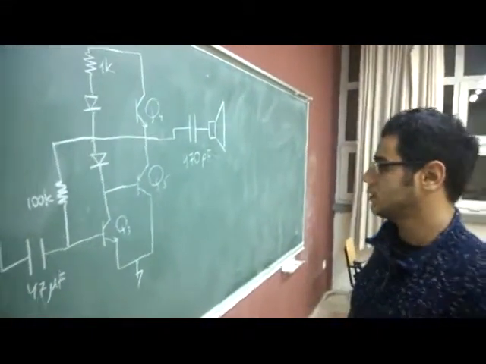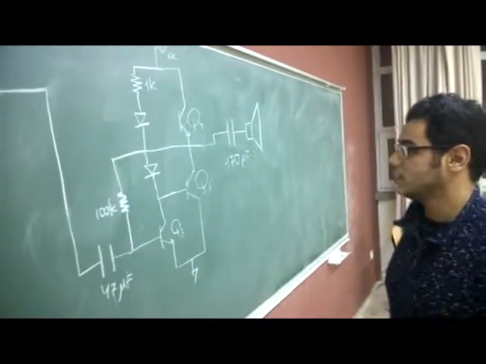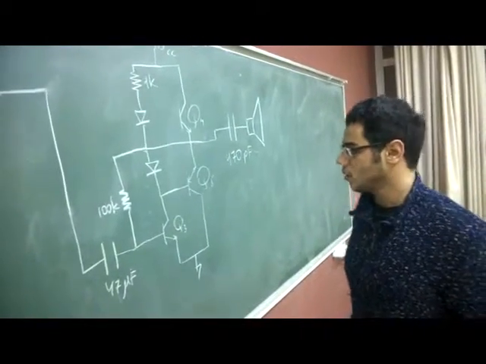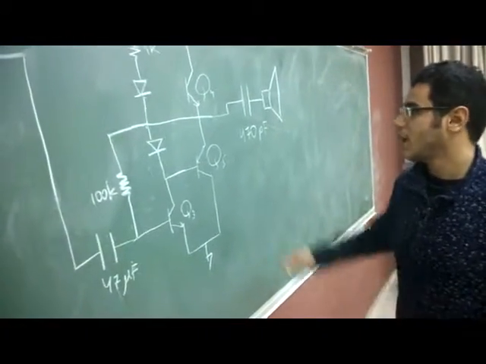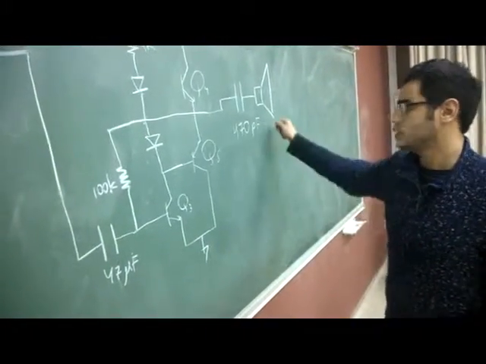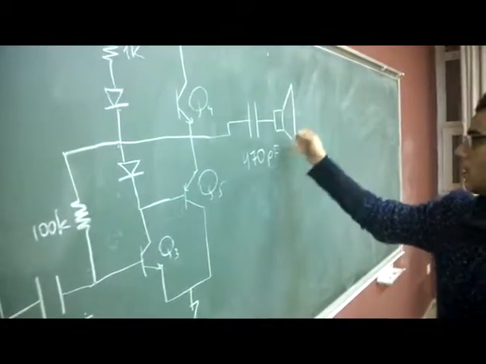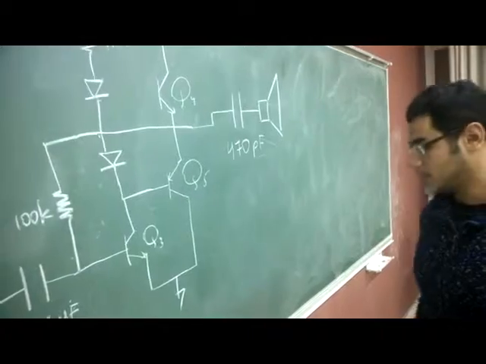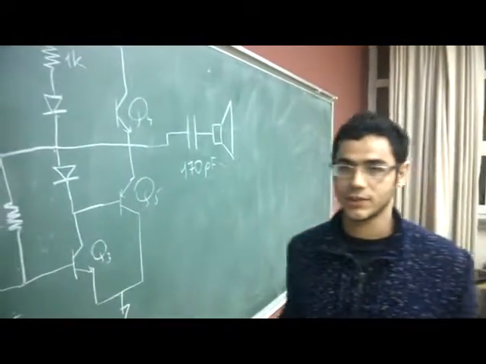As you can see, it's a Class AB amplifier using 3 BJTs and 2 diodes. And it provides us with a low output impedance, which is required for a speaker. And finally, using a 470 picofarad capacitor, we're going to put the speaker at the output and have our signal received.